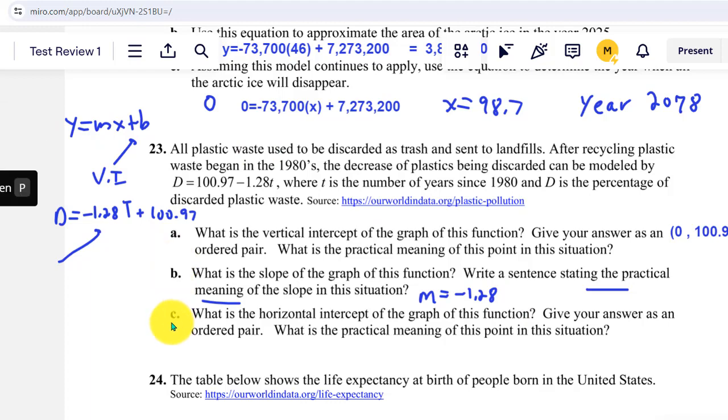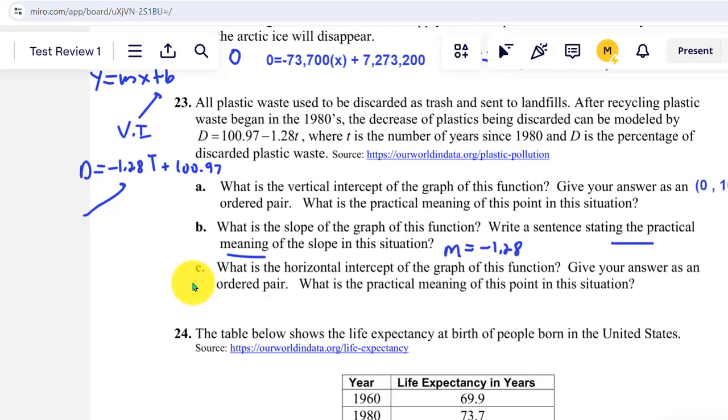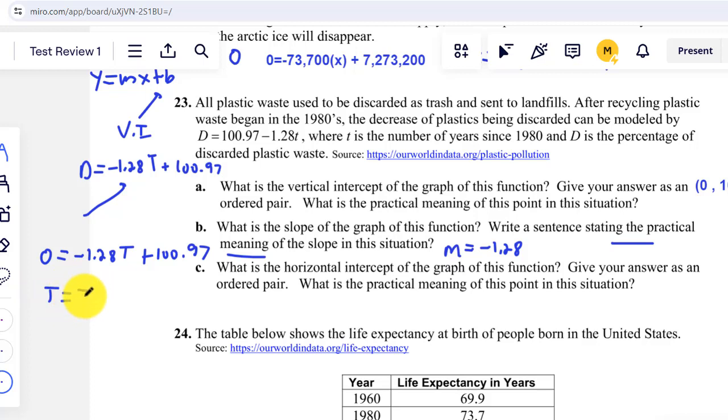And then finally, the horizontal intercept, that's where you'd sub in 0 for y and solve for t. You'd have to solve this equation for t and then give me the practical meaning. So if we solve that for t, I think you end up getting t equals 78.9.